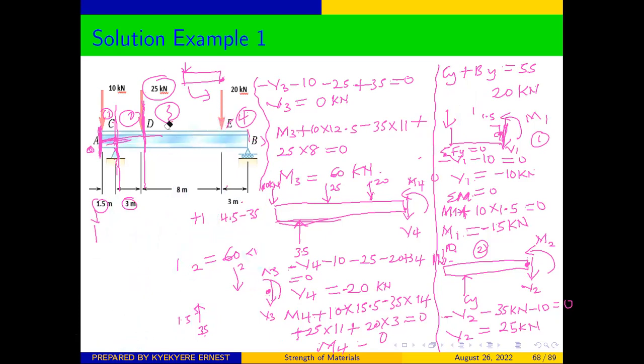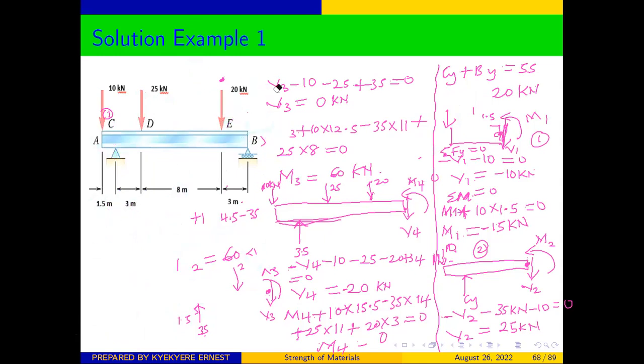It is always advisable to draw your shear force and bending moment diagram under the free body diagram. Here I have cleaned my free body diagram. So for that matter, I am going to draw my shear force and bending moment diagram under the structure. So don't forget that these were the sections we divided our structure into. We have the first section like this. I'll trace it downwards.